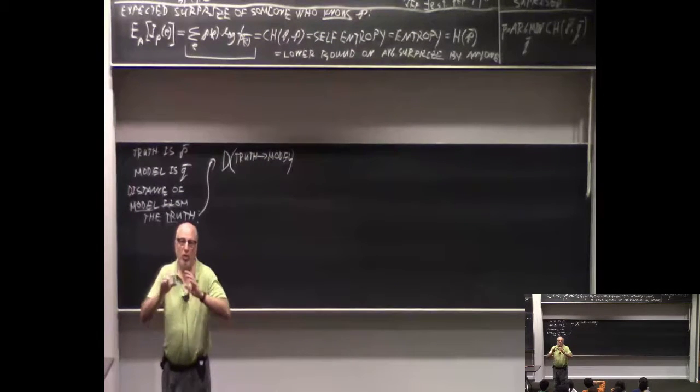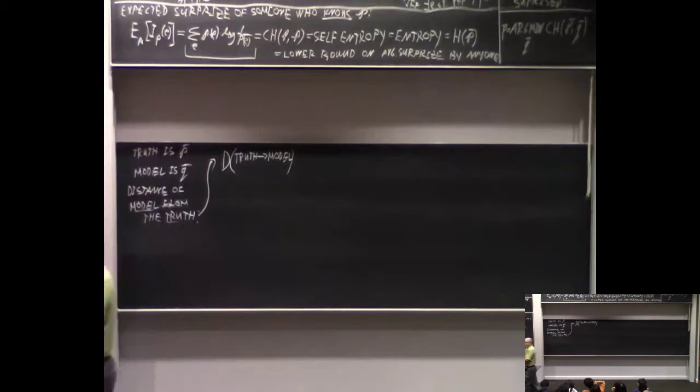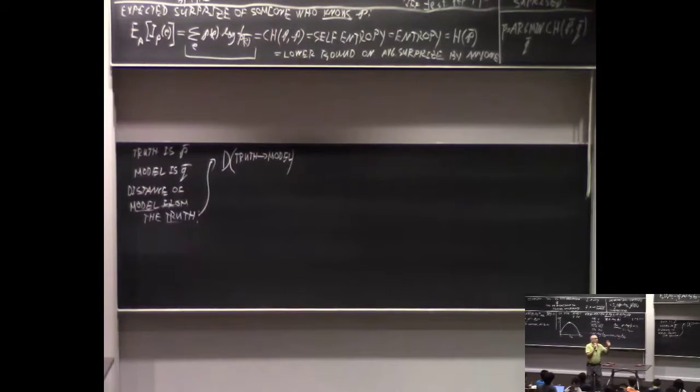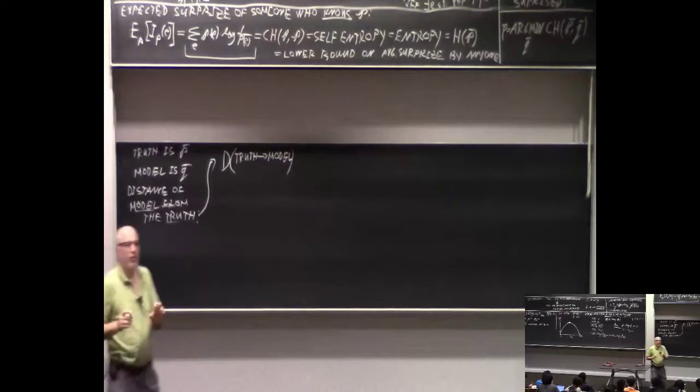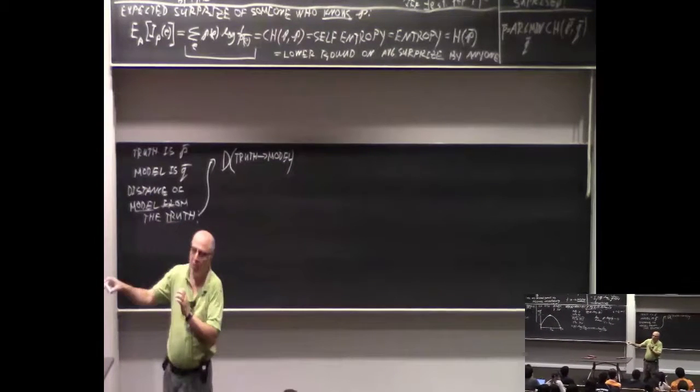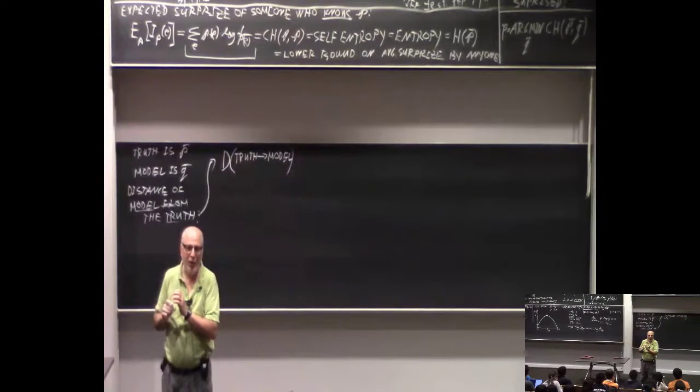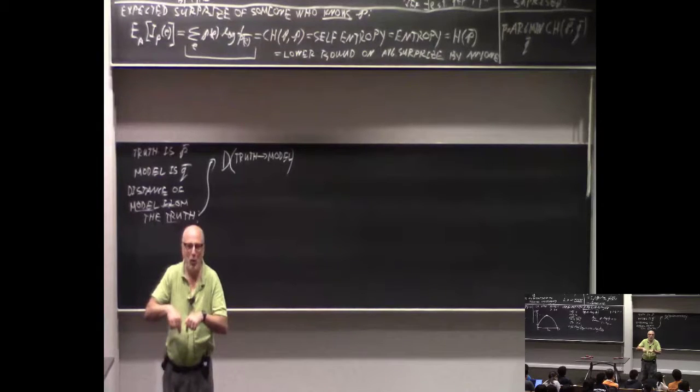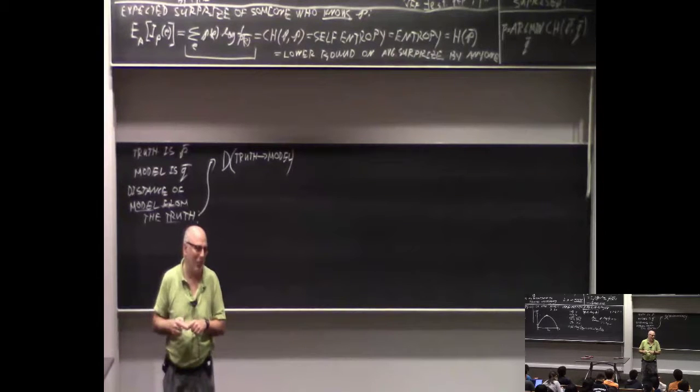So imagine the truth is here, and you stand on your model, Q, which is here. You look to the truth, and it looks really close, maybe. But if I stand on the truth and look at your model, you don't look so close to me. I care about what the person who stands at the truth sees. I care about the view from the truth of how far you are from me.